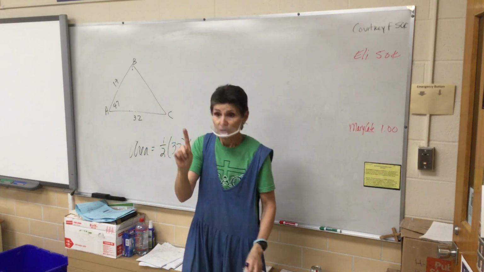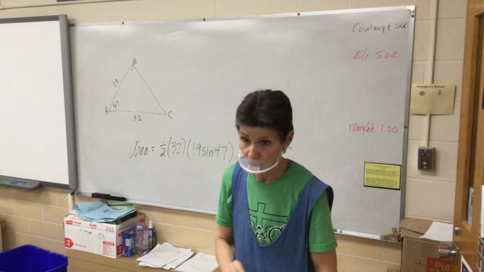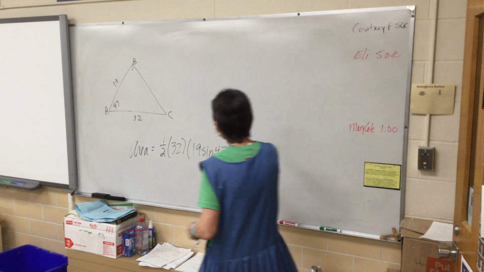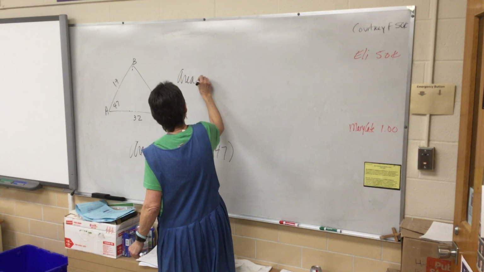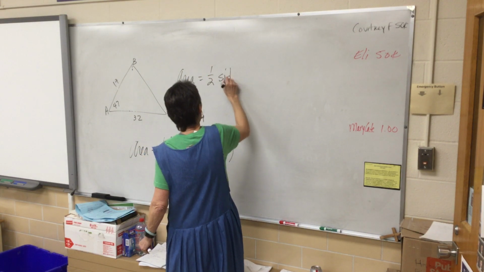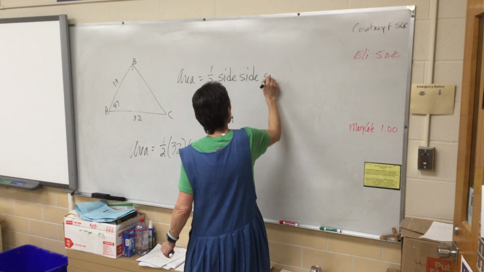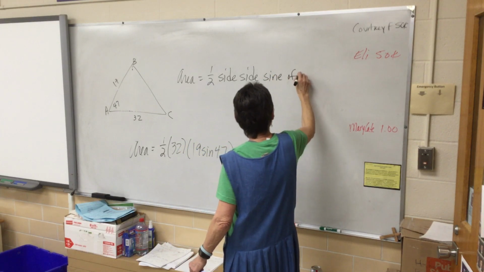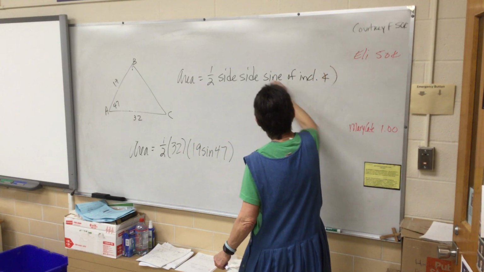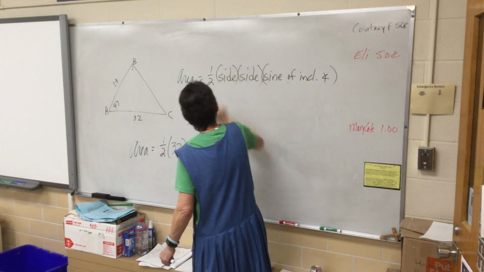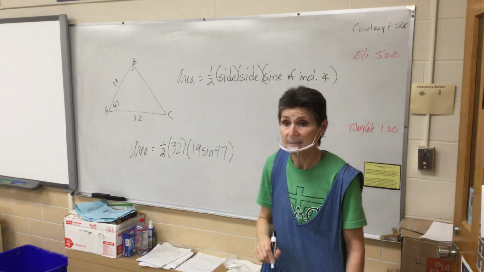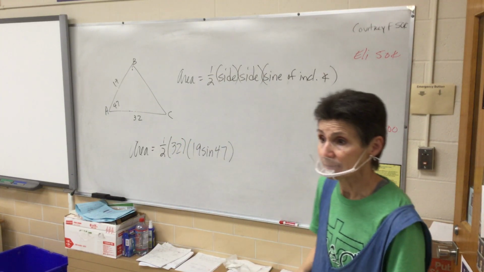That is your first new area formula: 1/2 side, sine of included angle. When we talk about it, we call this 1/2 side, sine.